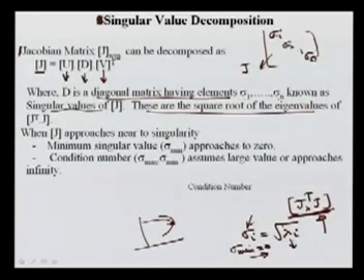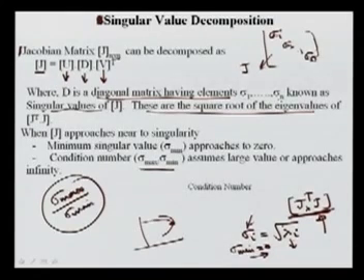We normally use another number called the condition number, which is defined as sigma max divided by sigma min. We have sigma 1 to sigma n, so n values.